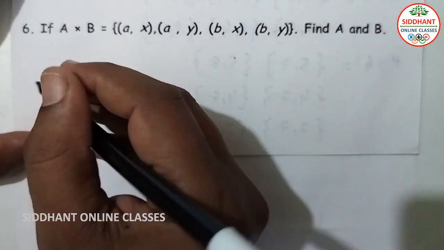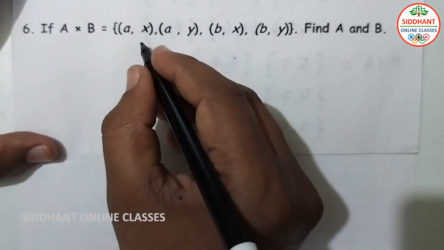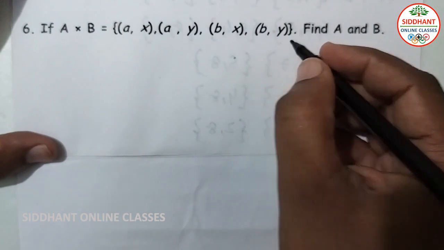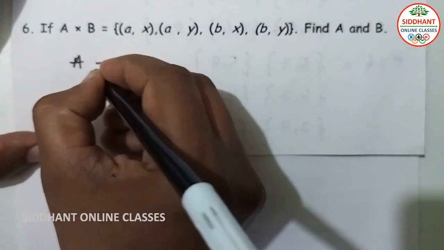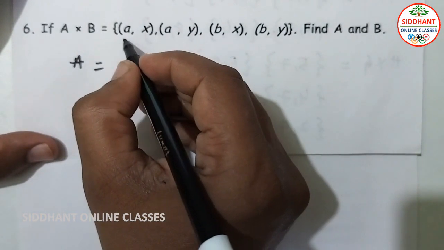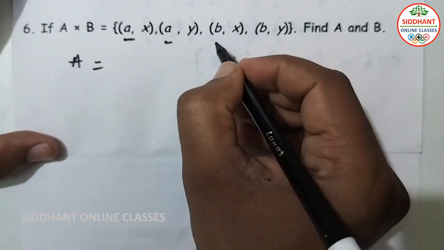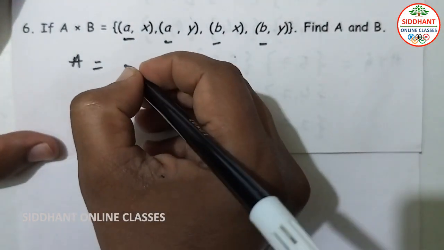Sixth question, if A cross B having sets (a, x), (a, y), (b, x), (b, y), find A and B. So A elements, when you are going to say, will be in the first position, here a and here b. So 2 types of elements are there here.